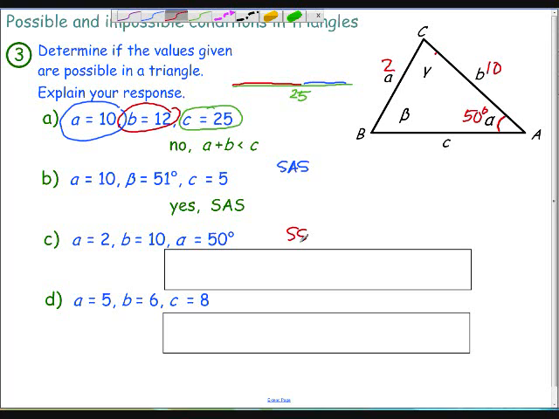Side, side, angle. And what do we know about this? This is the ambiguous case. So there's a potential that it is not possible, as well as the potential that there's a single triangle or two triangles that will work for this. Let's check this one out.